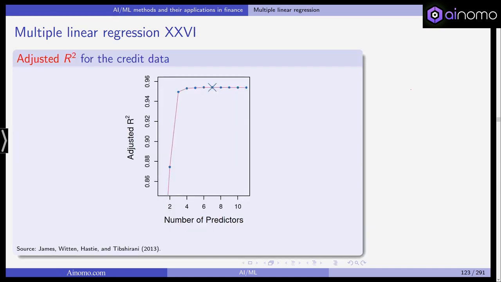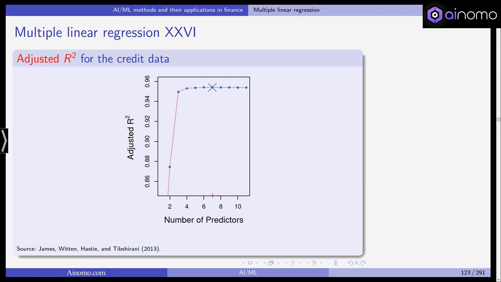in this slide we can see that for the credit data, the adjusted R-squared increases to some point, and including more and more predictors doesn't really change the adjusted R-squared. Here, for 7 predictors, we get an optimal point where the adjusted R-squared doesn't change too much.